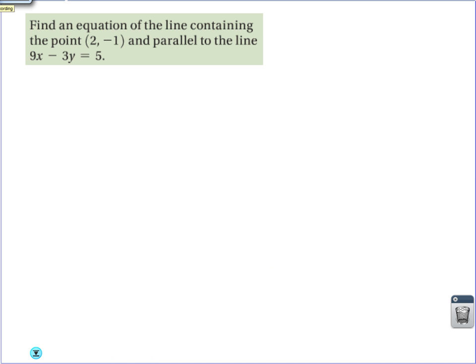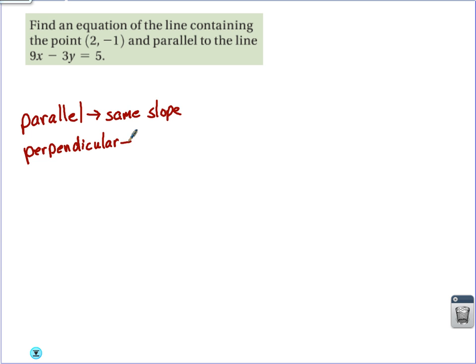Okay, next up, let's talk about parallel and perpendicular lines. Let me remind you that anytime you have two lines that are parallel, the lines have the same slope. Anytime you have perpendicular lines, they have opposite reciprocal slopes.